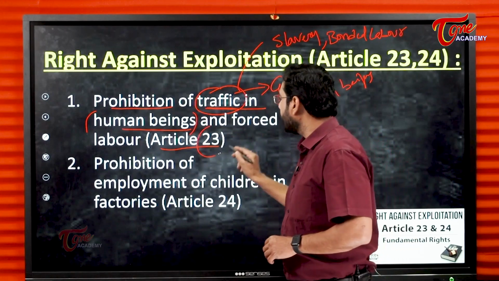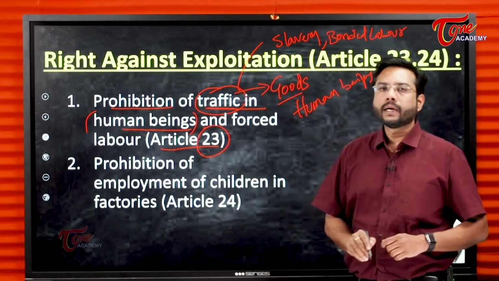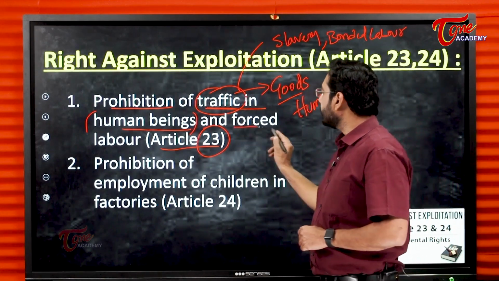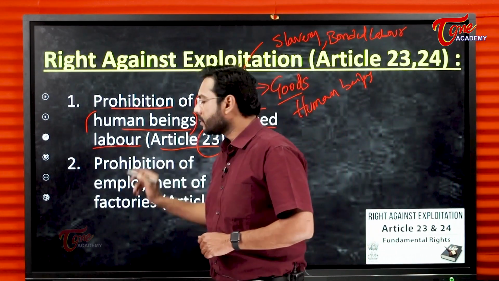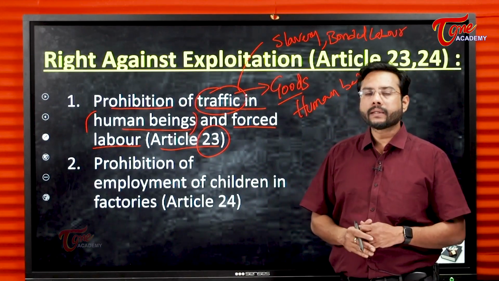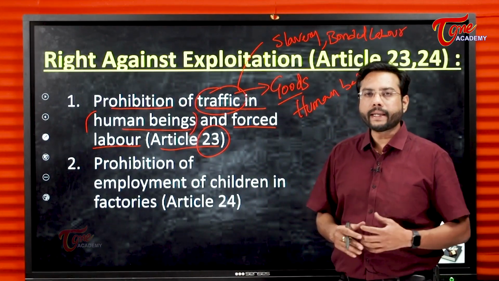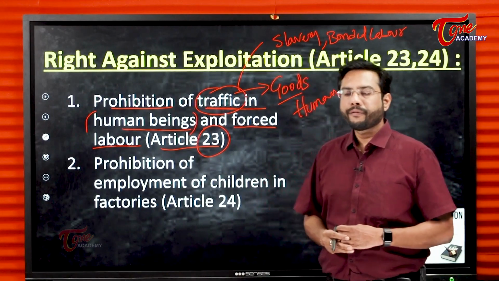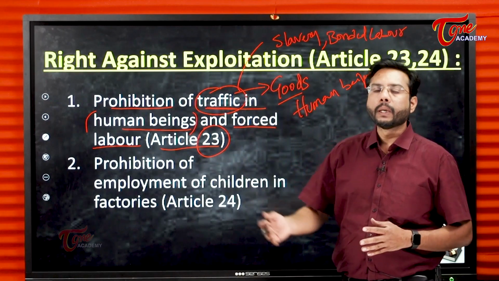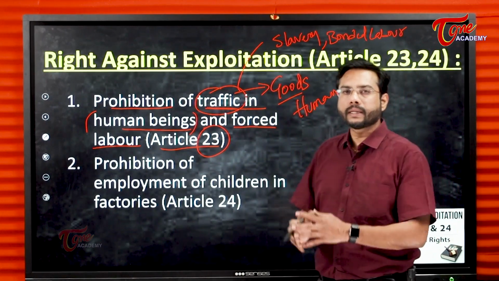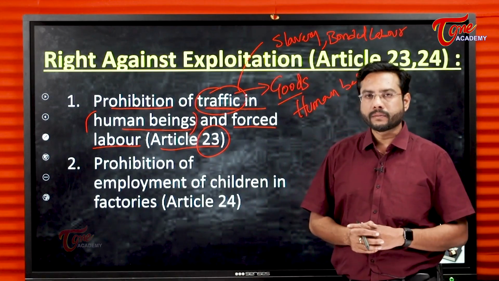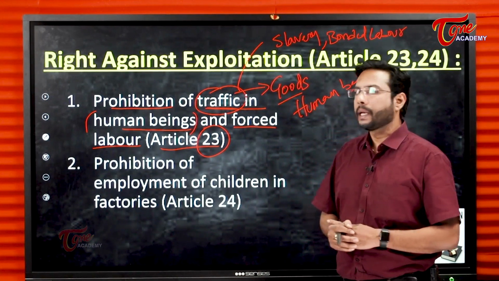So Article 23 gives human beings a dignity of labor. When we say forced labor, what does that mean? You are forcing someone to act in the way they don't like. Suppose someone is not interested in that work and a particular person is making them work in that way, so he is forcing them to act against their will. That is called forced labor.